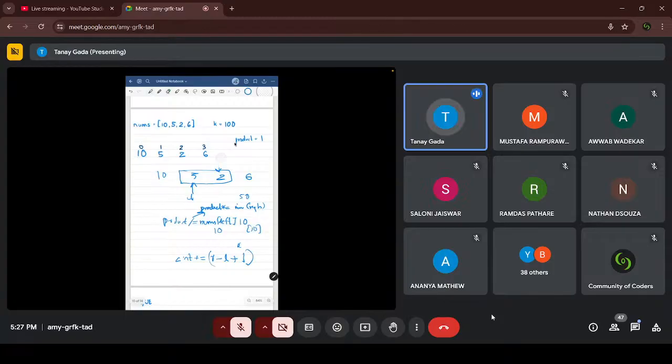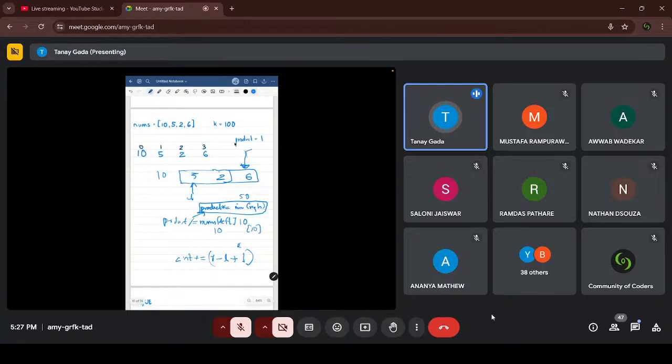Then again we increase the window size. We multiply 6 into the product, we get 60. 60 is less than 100. So again we need to increment our counter by R minus L plus 1.